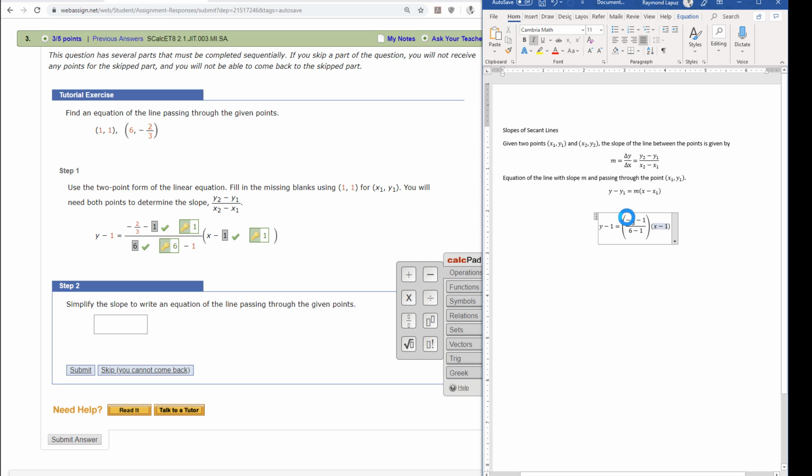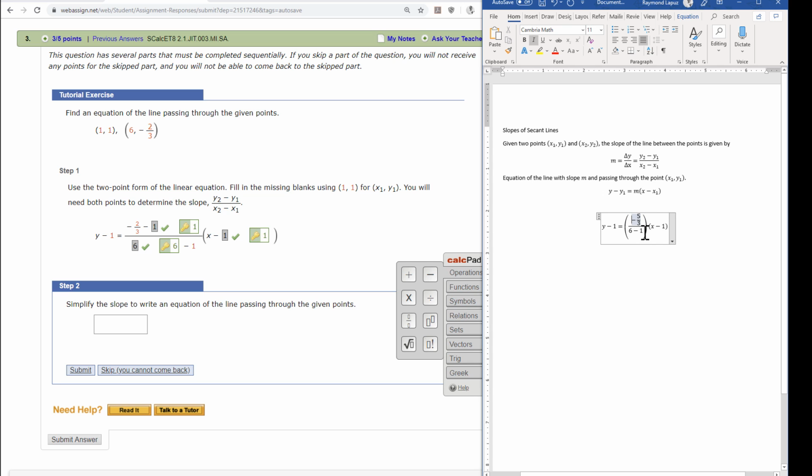We have negative 2/3 minus 1, so 1 is like 3/3 if we write it like that, and so that's going to be negative 5/3. 2 minus 3 is 5, and then same denominator.